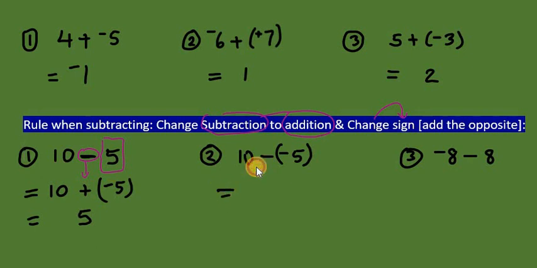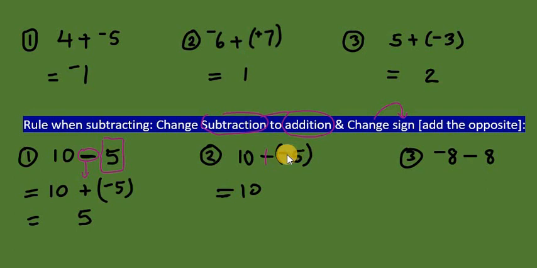Okay, let's look at the other one here. We put back the 10. The expression is 10 minus negative 5. Remember, we add the opposite. So we're going to change this subtraction to addition, and then change the sign of the number that we are subtracting originally.